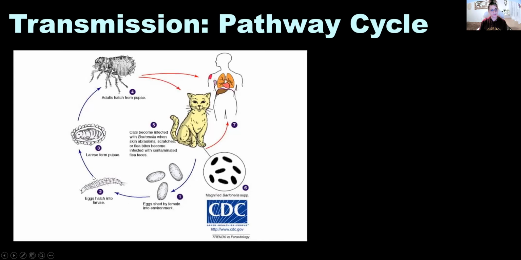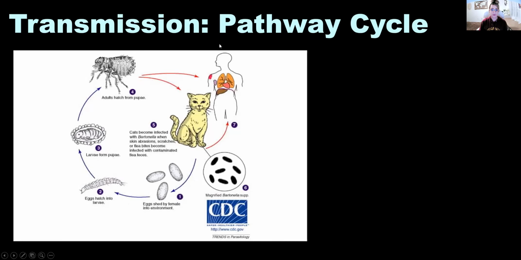The larvae then form pupae. And then from there, the adults hatch from the pupae. And here we can see a full adult flea as the main vector. And then he will go on to infect the cat or kitten.